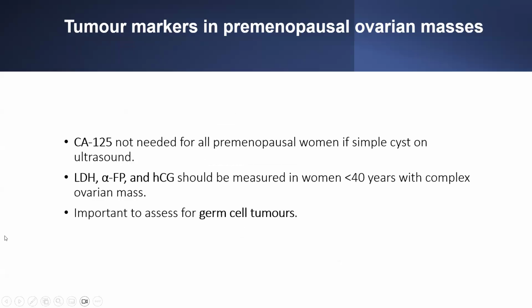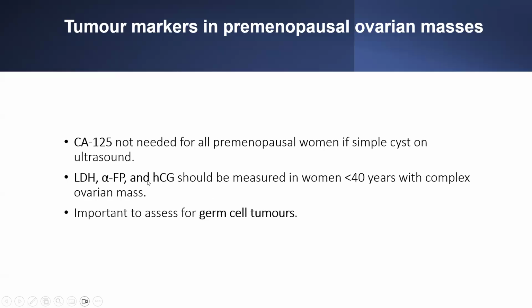And CA-125 is not needed for all premenopausal women if a simple cyst is identified on ultrasound. So keep in mind, if in the exam a question comes that a premenopausal woman has a simple cyst, and the features of a simple cyst are given, what will you do? You will not choose CA-125. However, LDH, alpha fetoprotein, and HCG should be measured in women less than 40 years with complex ovarian masses.